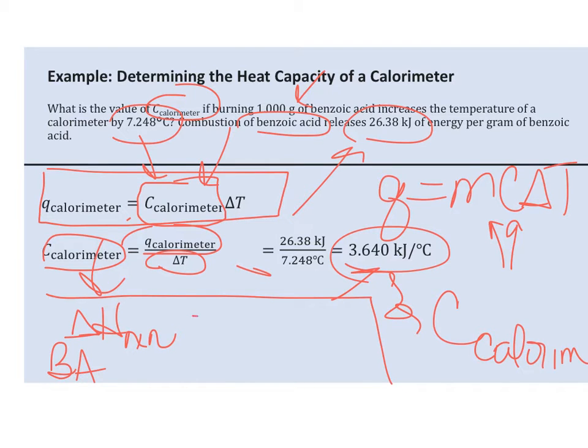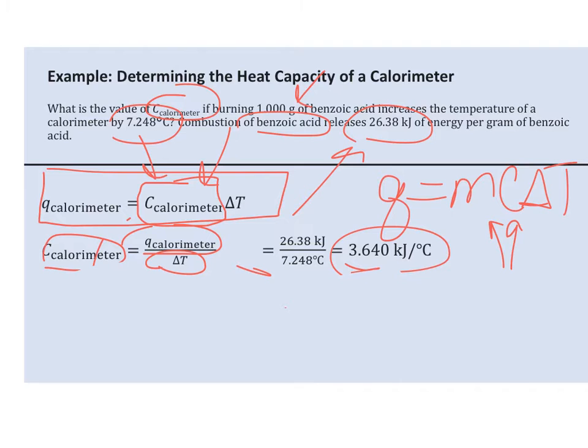So remember, again, we're assuming delta H for our purposes, constant pressure, equals Q, that it's one and the same. And so let me take a minute and erase. Now, what if you were asked what delta H for this reaction is?